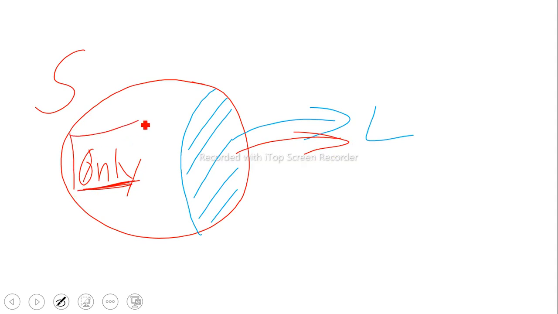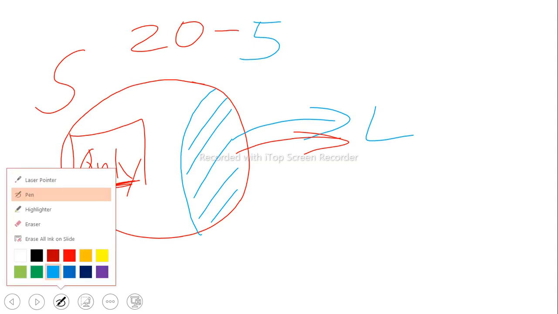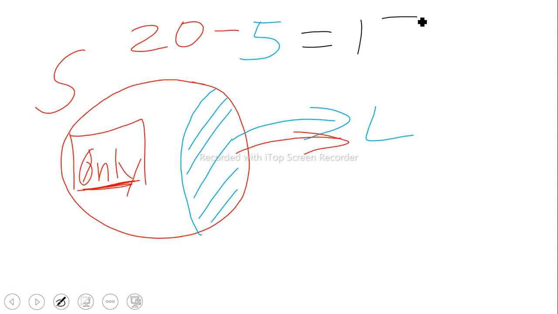So in order to get S only, I must say 20 minus the 5 that is in both. If I do 20 minus 5, I get 15, and 15 is the ones who only take statistics. Then the other 5 are those who take statistics but also take linear algebra.